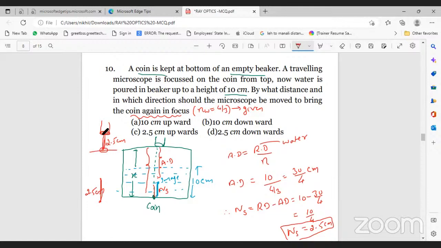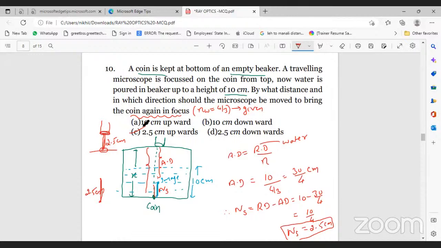By what distance does it have to move upward? 2.5 centimeter upward. So which is the right option? Option C.